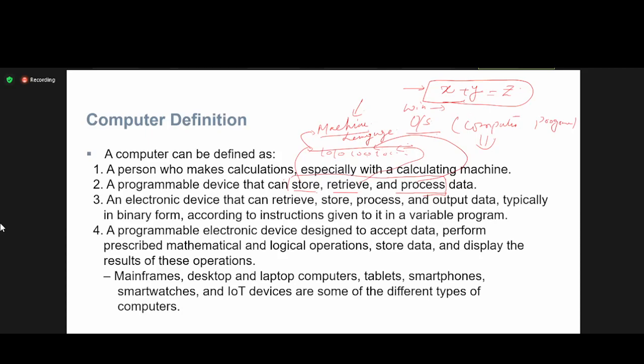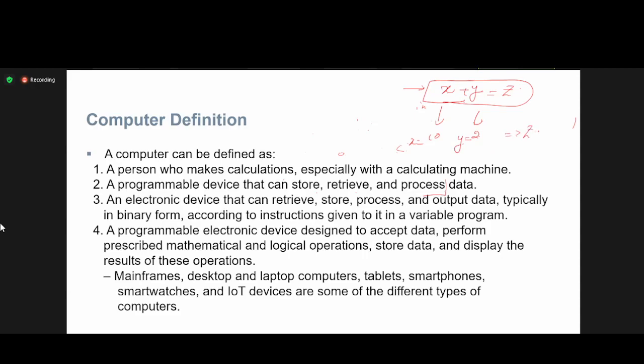Give me X. Then you provide the X value and the Y value. For instance, X is 10 and Y is 2.